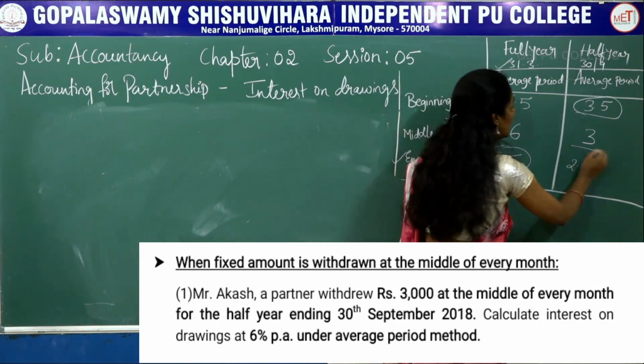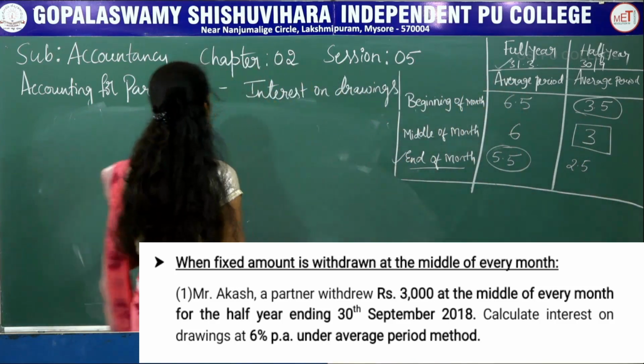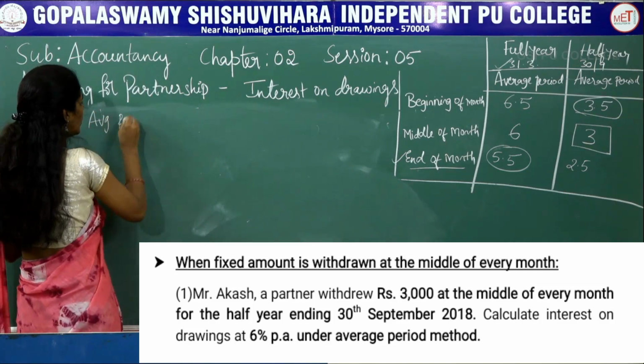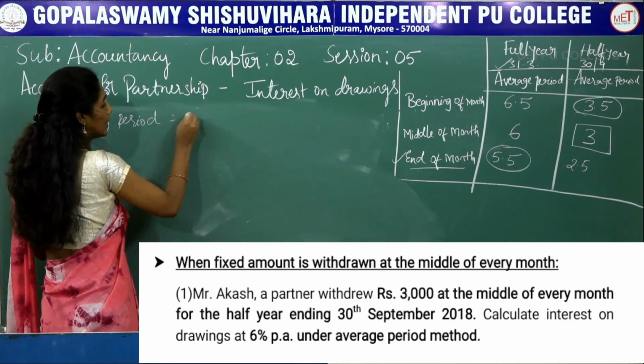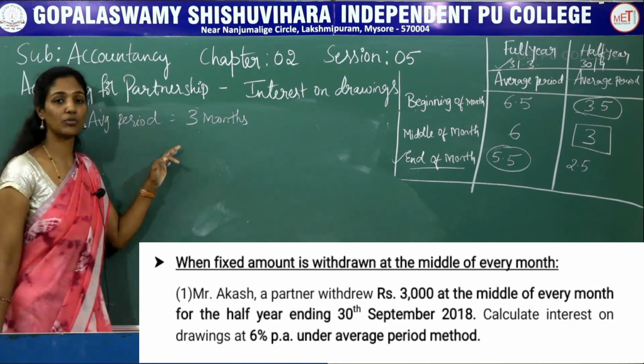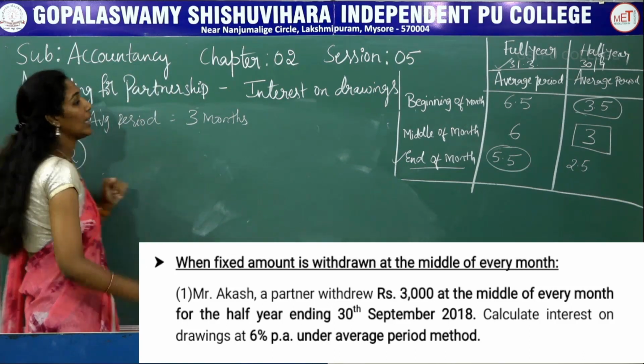Here, in the middle of the month, the average period will be 3 months. Again, the first step is to find out the average period, that is 3 months, because in your problem the books of accounts closed on 30th September.